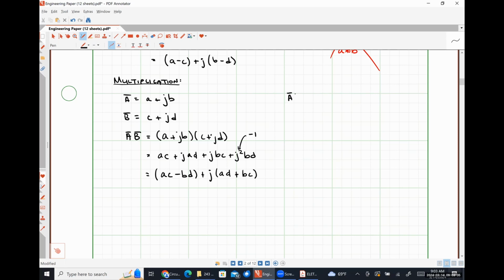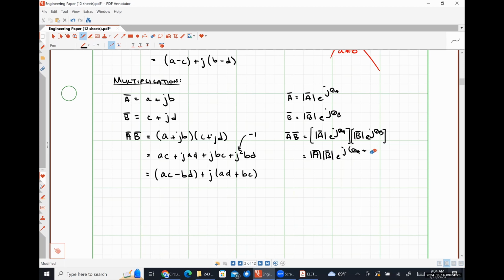So if complex number A is equal to the magnitude of A, e to the j theta A, and complex number B is equal to the magnitude of B, e to the j theta B, then A times B is going to look like the magnitude of A, e to the j theta A, times the magnitude of B, e to the j theta B. And from what we discussed earlier, those two magnitudes are just going to multiply, and those angles are simply going to add together.